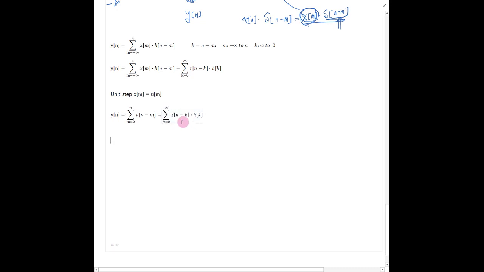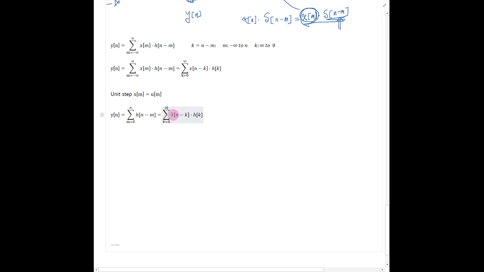Think about this one. At this moment, x is the unit step. If k is greater than n, the index n minus k is negative, and then the unit step is 0. So we can think that only up to n is possible.